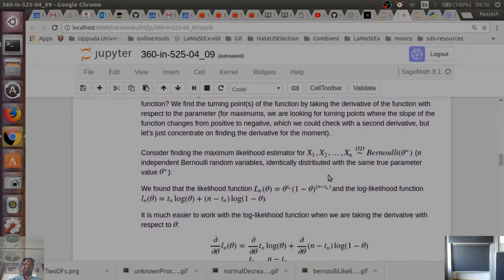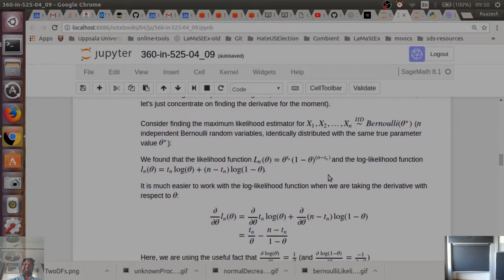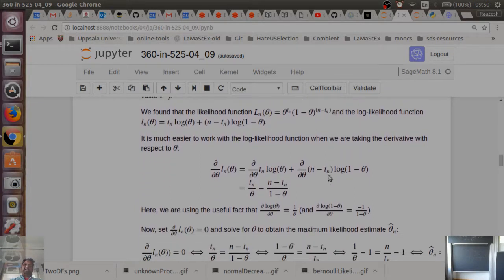Usually you do it exactly like this. If you do it exactly, what are you after? You're trying to find the value where the derivative of the log likelihood function with respect to theta is 0. Basically I have to look at the slope of the tangent at this point.